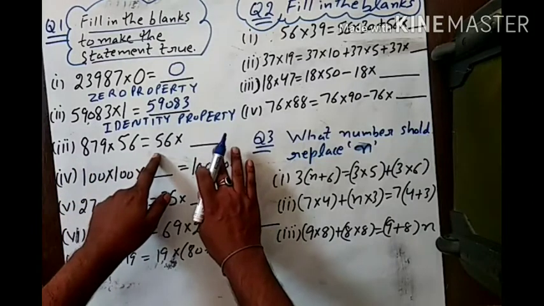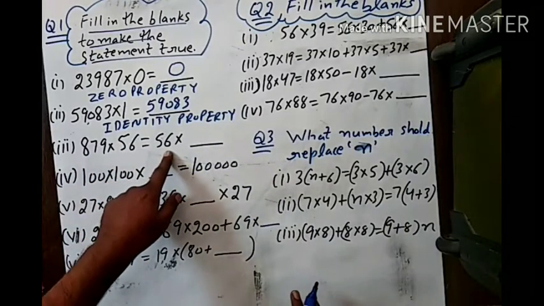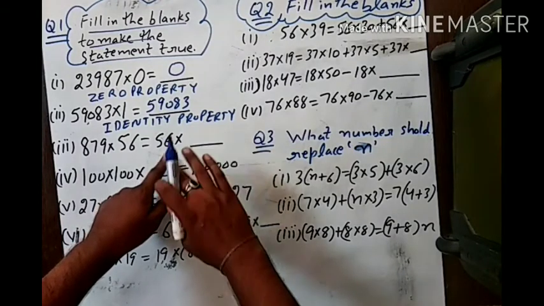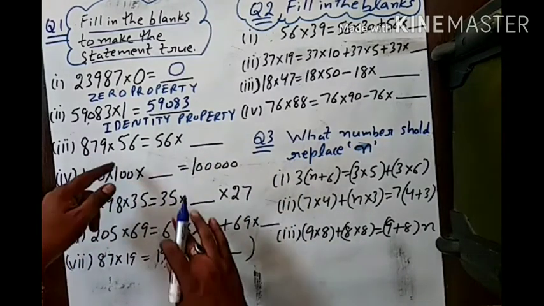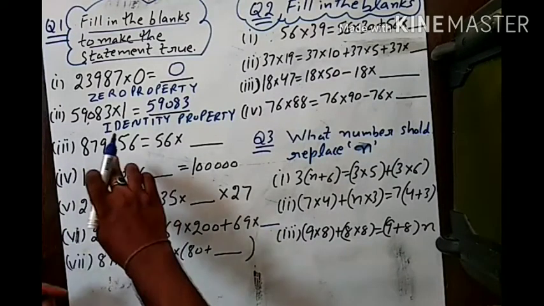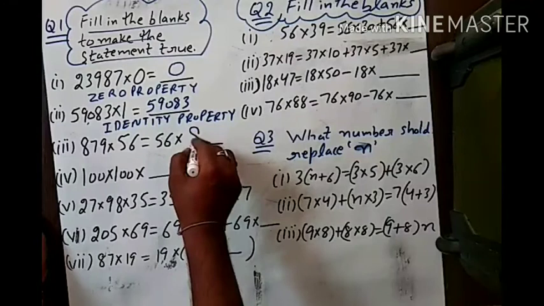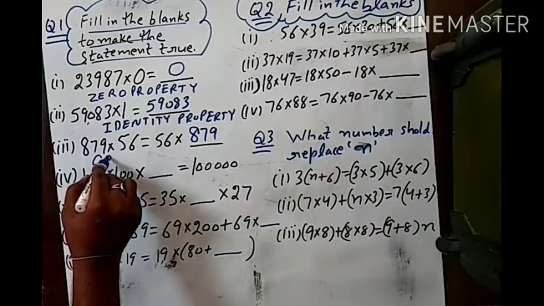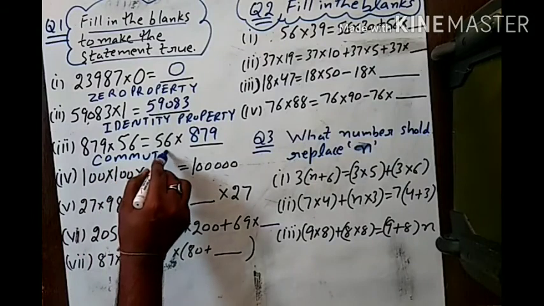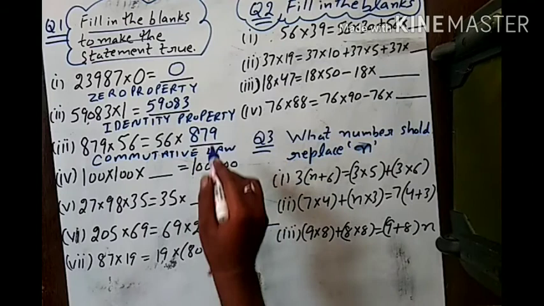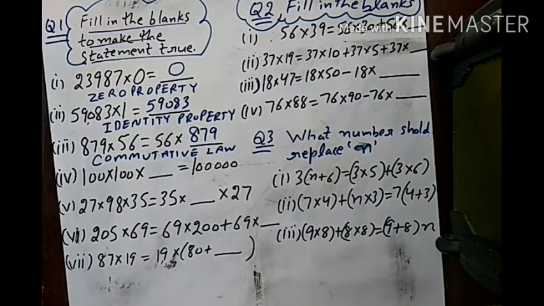But on the right hand side, the second number is in the first place, and here will be the number which was in the first place on the left hand side. So this rule is commutative law. Law or property means the same thing, rule.